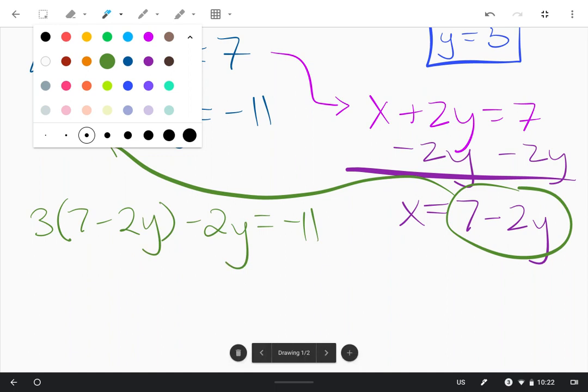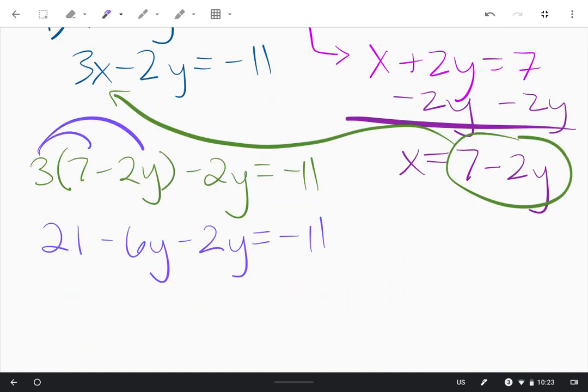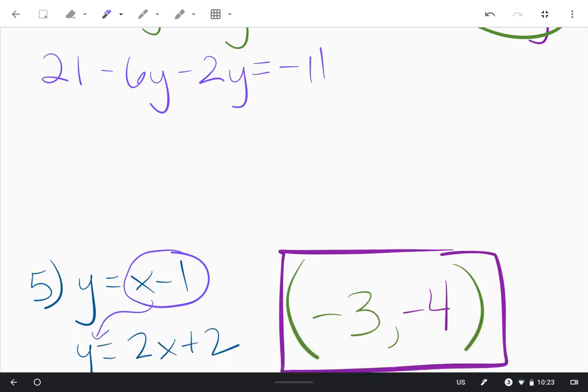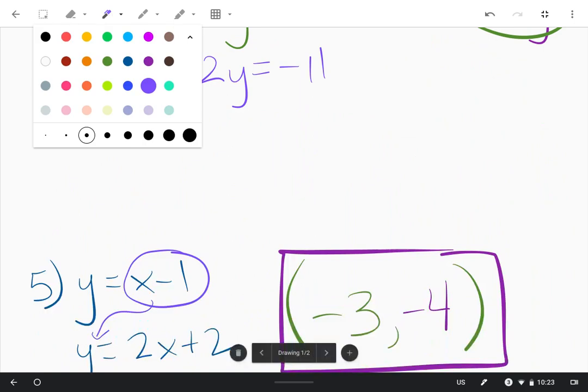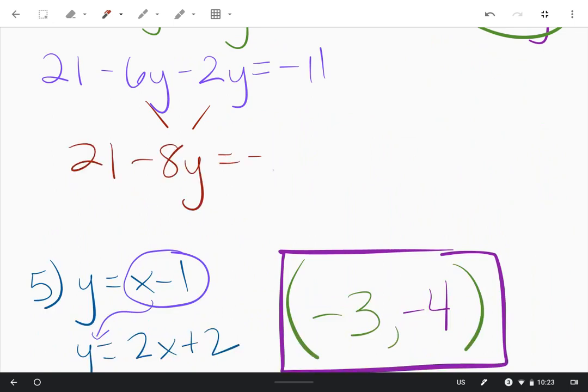So we'll go ahead and work that out. 3 times 7 is 21. 3 times negative 2 is minus 6y, minus 2y equals negative 11. We can do some combining like terms here. We see that we have negative 6y, negative 2y. That makes negative 8y. So we have 21 and negative 11 still there.